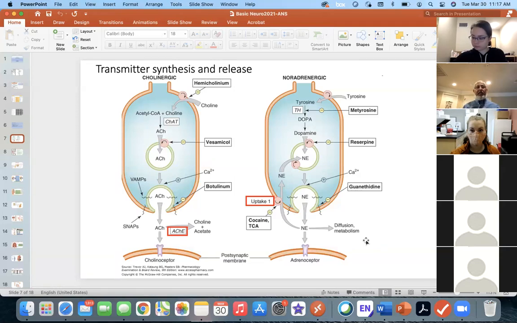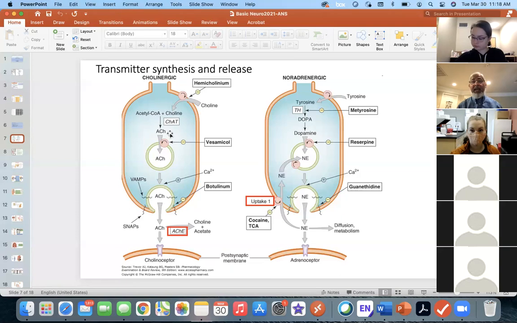So first of all, you need to know the normal situation, what it normally does, and there are several ways we can either prolong the function of this neurotransmitter, or we can decrease the function of this neurotransmitter. That's how we call ganglion blocking agent, because you block at the ganglia, so that when you block the ganglia, there is no further response.